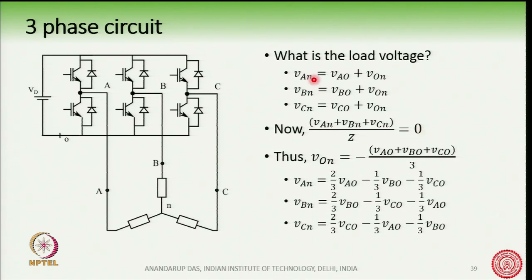So, if I sum the left hand side and the right hand side, I can see that the sum on the left hand side will be equal to 0, and therefore, by equating I will see that VON is equal to minus (VAO plus VBO plus VCO) divided by 3.